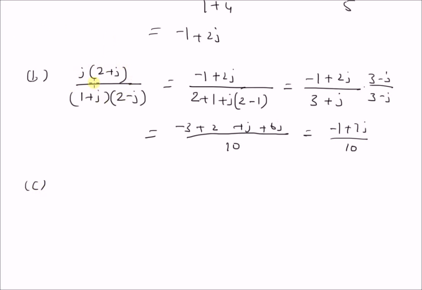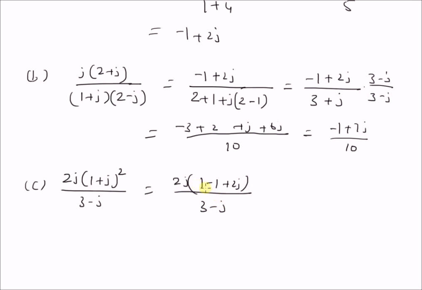Let us look at another example for this kind of expression, which is 2j multiplied by (1 + j) whole squared. Therefore, we have three complex numbers here and then a single complex number in the denominator. So this equals 2j. First we have to simplify this expression, which is equal to 1 squared is 1 and j squared is minus 1, and then we have 2j divided by (3 - j), and this one is obviously 0, so we have -4 multiplied by (3 + j) by (3 - j) into (3 + j).